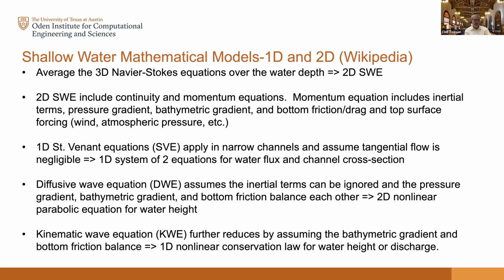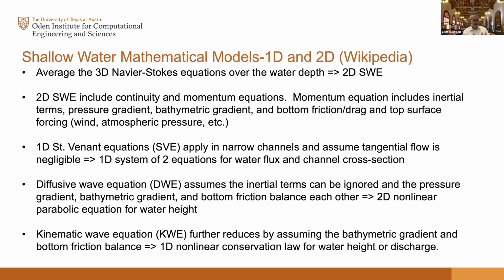Now, if you're in a very narrow channel, the cross-directional flow, the tangential flow, may be negligible. And so you can do another averaging over the cross-section and come up with the 1D St. Venant equations. These are two equations that account for the water flux going down the channel and the change in the channel cross-section.